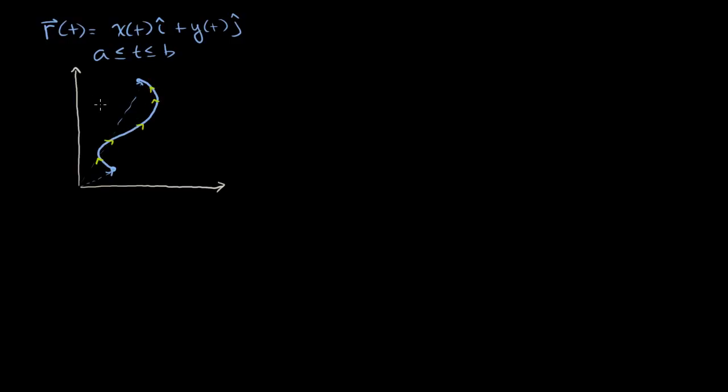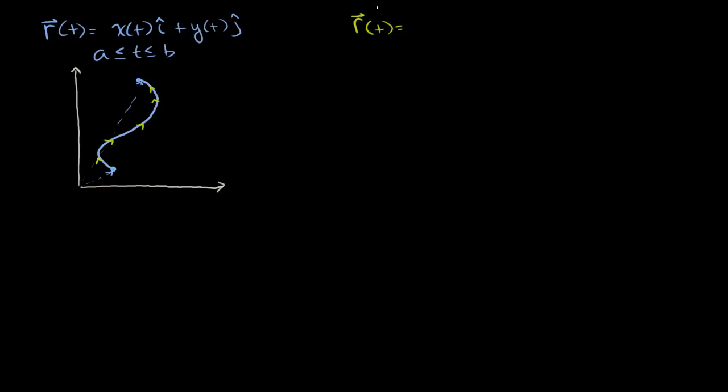Now let's say that we have another position vector function. Let me just call it r of t. It'll make it more confusing if I try to differentiate. But this is a different one. It's the green r of t.